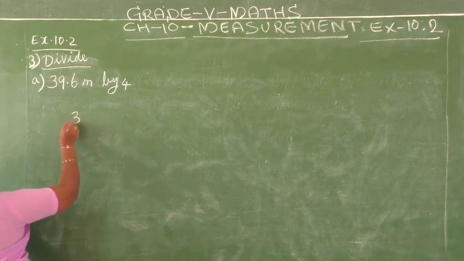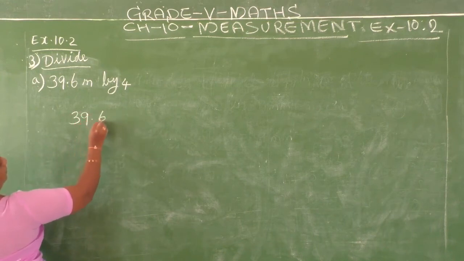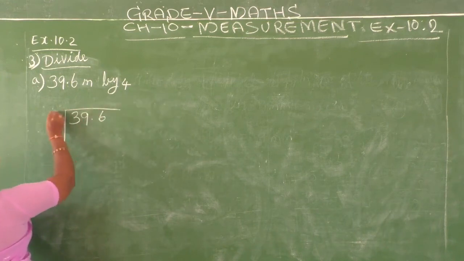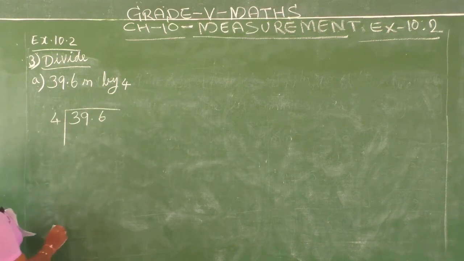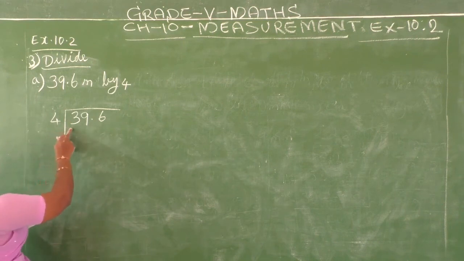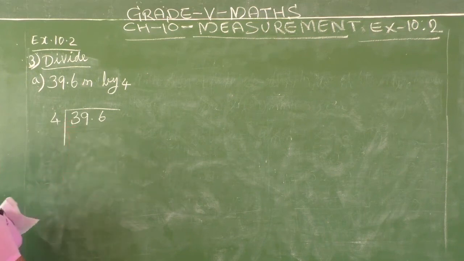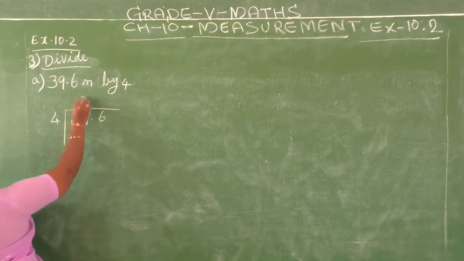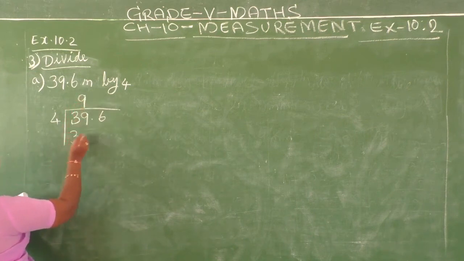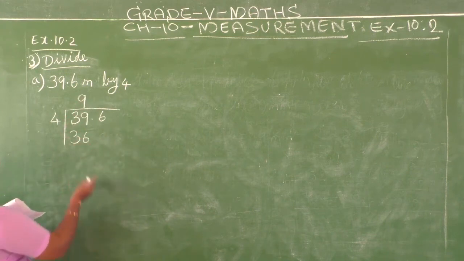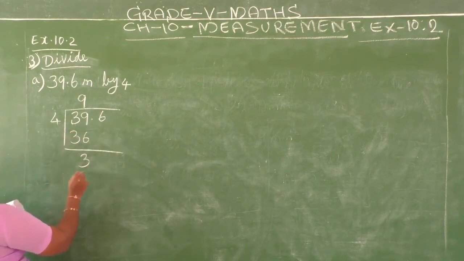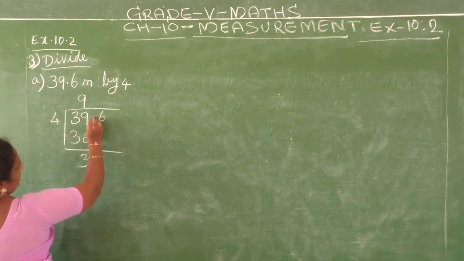See, divide by 4. Say the fourth table and find out how many times. 3 is the smallest number, so we cannot divide. So take the next digit also. Now we have 39. How many 4s are there in 39? 9 times it will come, no? 9 4s are 36. Is it or not? So as usual subtraction, 9 minus 6, 3 minus 3, no need to write the 0. Then bring down the 6, it's a decimal part.